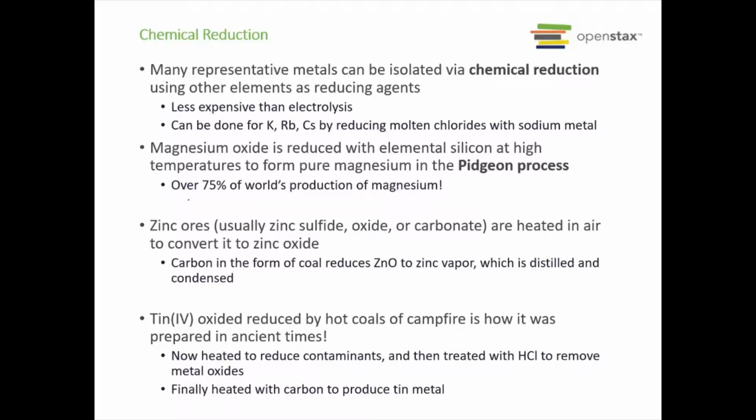So we have pure, solid silicon, and we're adding this to magnesium oxide. Give it some heat. And we get silicon dioxide and magnesium metal.